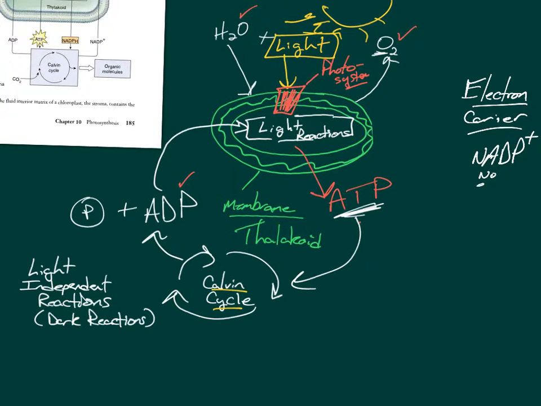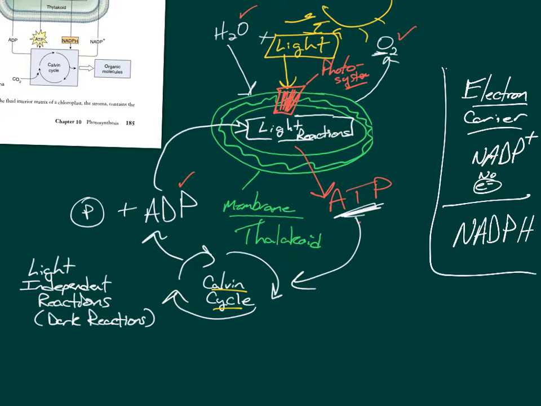When it doesn't have an electron, I'm going to put a little e with a minus sign in a circle. No electron, it's NADP plus. When it has the electron, it's NADPH. Why the H? Because when it has an electron, the H sticks to it like a magnet. So you have NADPH. That's your electron carriers: with no electron and with electron. All right?